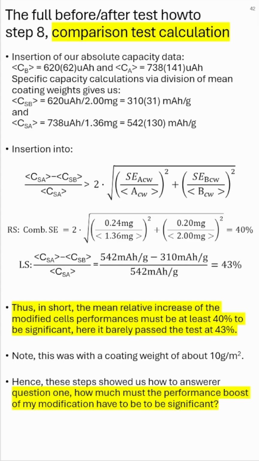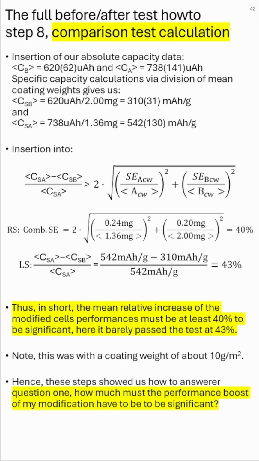And all these measurements were done where we had this coating weight of 10 grams per square meter, and it dropped a little bit to 6.8 in the modified set. But this answers question 1, right? How much must the performance boost of modification have to be significant?